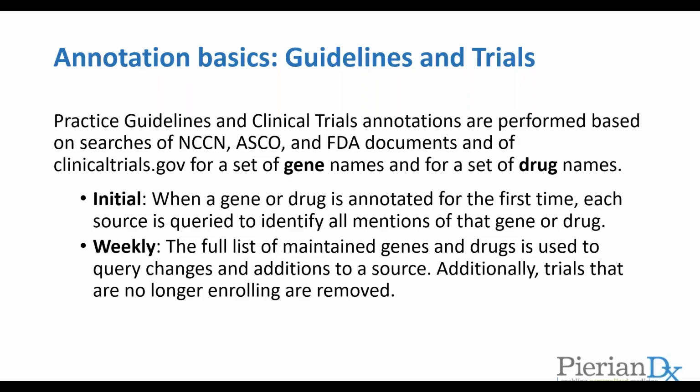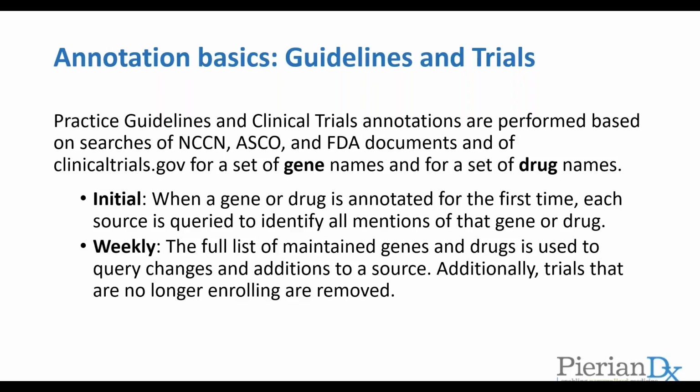Okay. So now, how do we take these sources and annotate them to be discretely represented in our knowledge base? So here are some basics that apply both to guidelines and to trials. These annotations are performed based on searches of this content for a set of genes and a set of drug names.